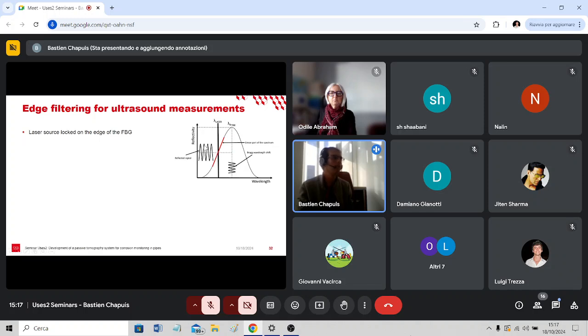So the reflected amplitude at this part varies. The reflected optical signal is directly a mirror of the Bragg wavelength shift, or of the elastic waves that arrive on the FBG.